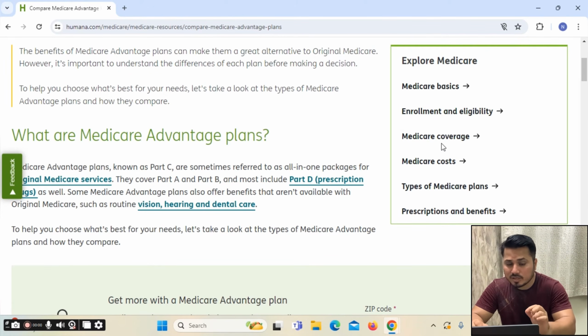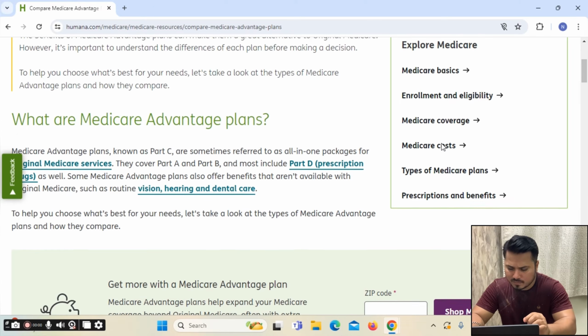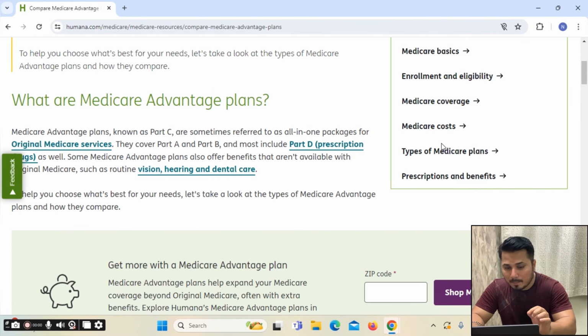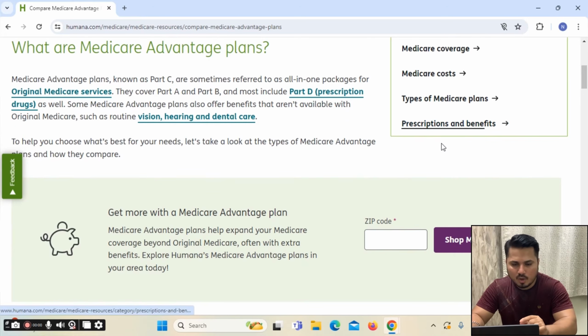However, it is important to understand the differences of each plan before making a decision. To help you choose what's best for your needs, let's take a look at the types of Medicare Advantage plans and how they compare. What are Medicare Advantage plans?